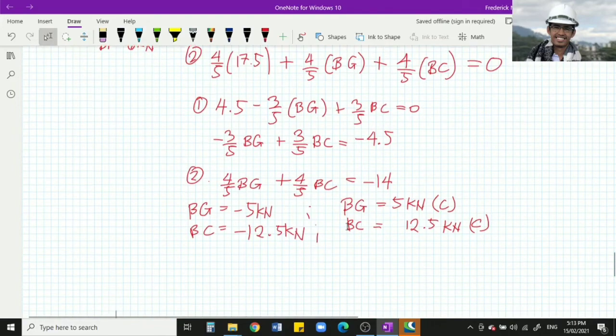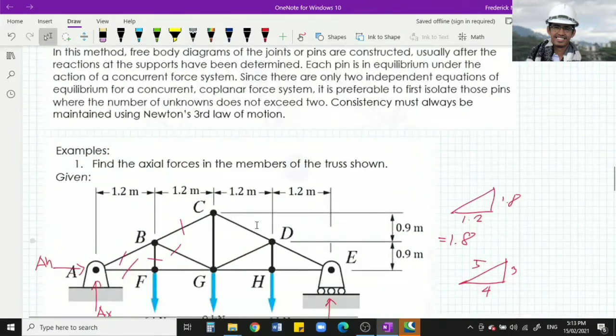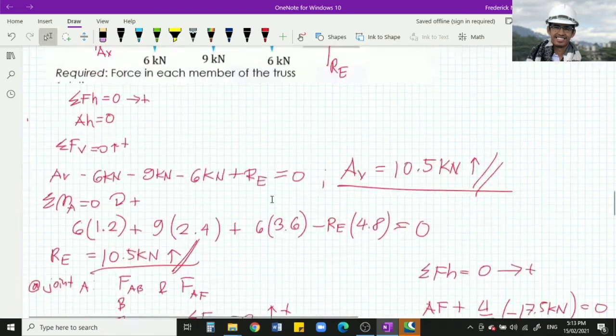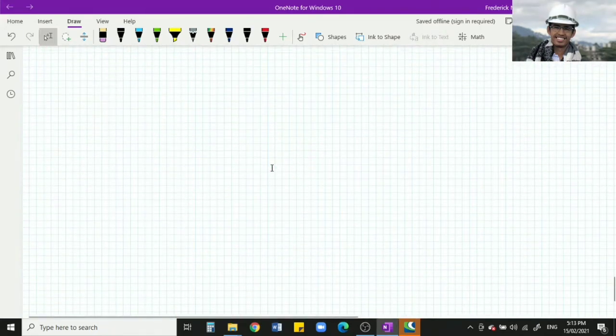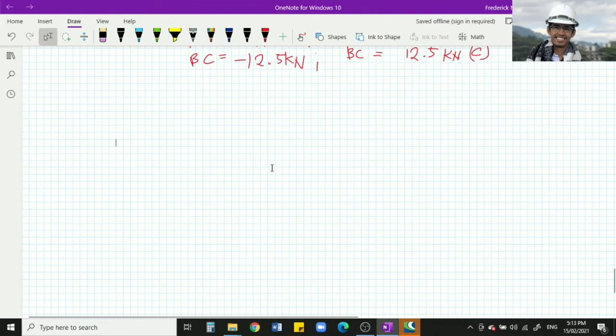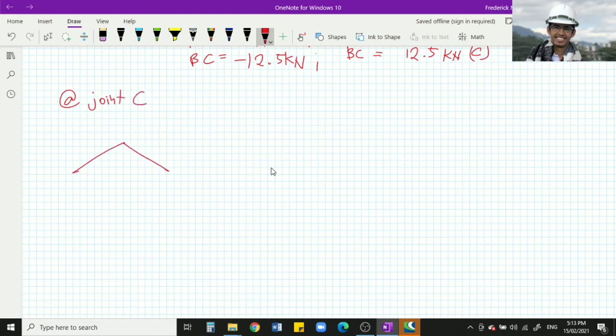Okay, so next naman is yung point C natin. So, for point C, makukuha natin yung value ng CG tsaka yung member CD. Okay? So, isolate natin yung point C natin. So, at joint C, ito yung joint C natin.